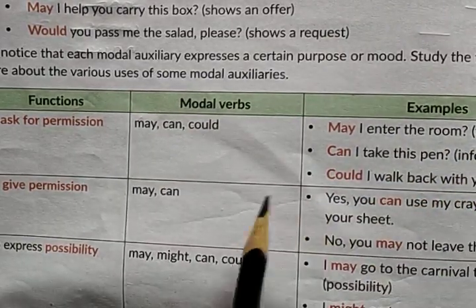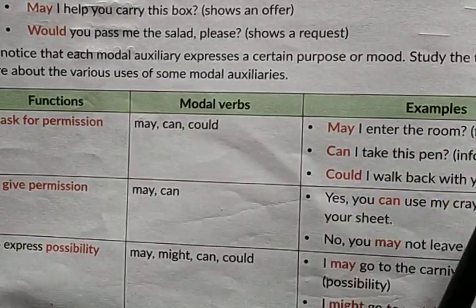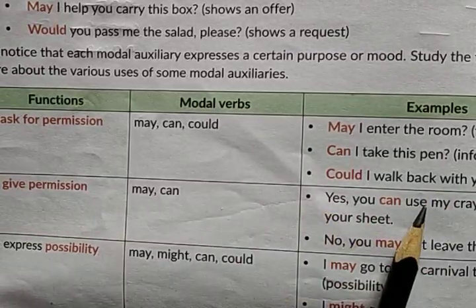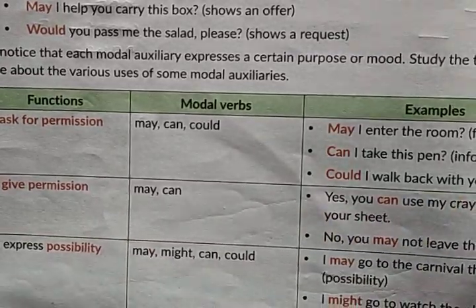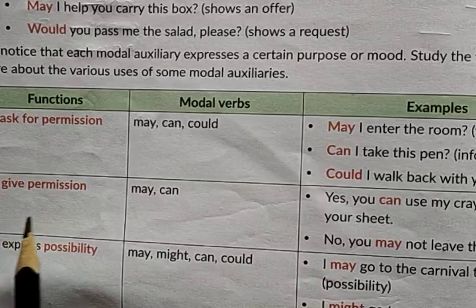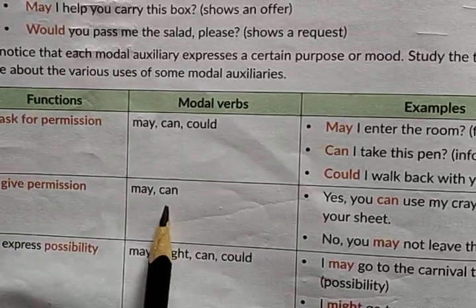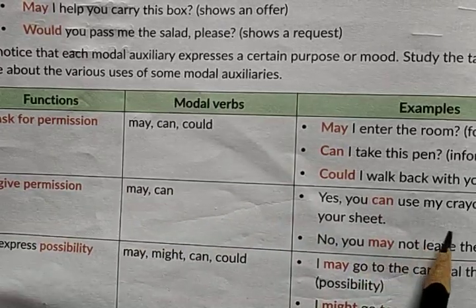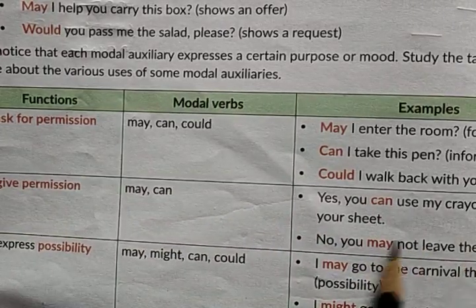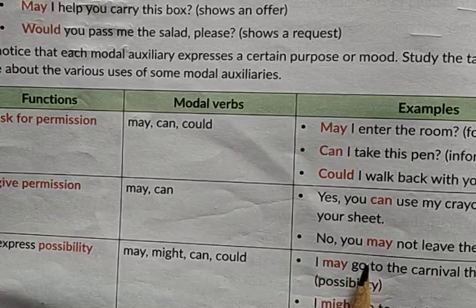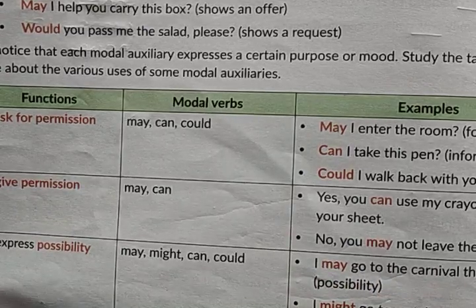See, it is formal. Can I take this pen? Informal. Could I walk back with you? This is polite. To give permission, you can use may and can. Yes, you can use my crayons to color your sheet. No, you may not leave the room.